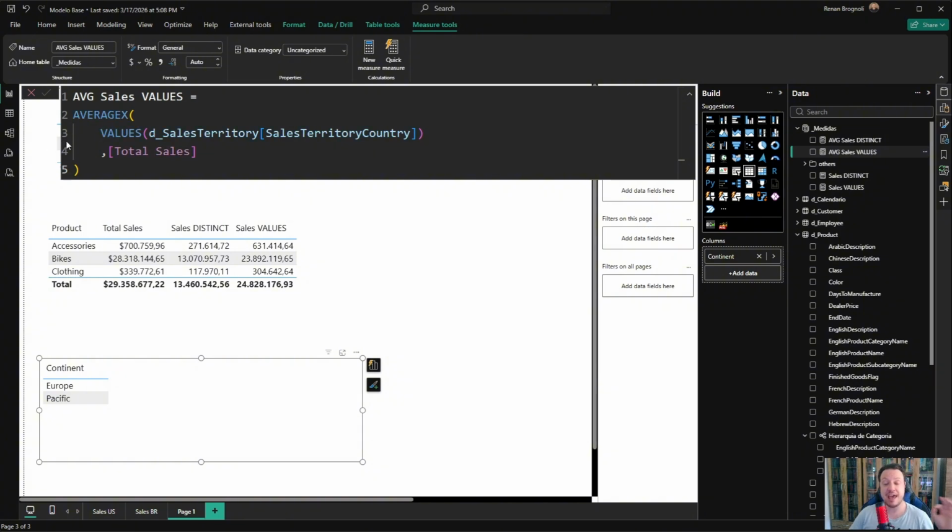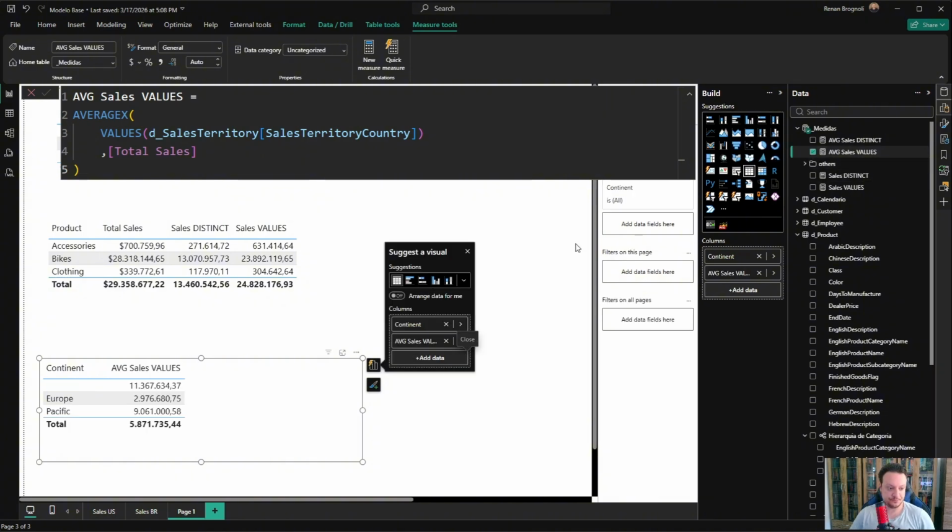I want an average of the sales by country. What does that mean? I want to see Canada and see how much they sold. United States, how much they sold. France, how much they sold. The average value of each country. So let's put the average value here.